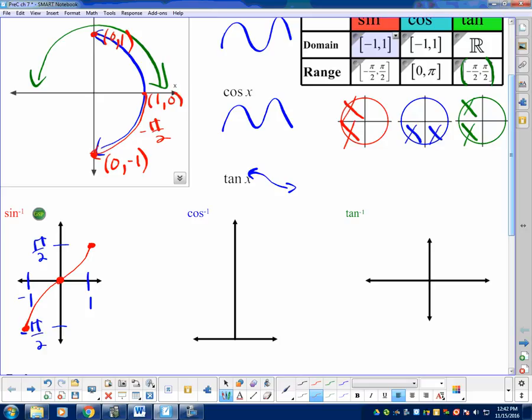Okay. Inverse cosine, we're going to switch the axes. So this is -1 here, and this is 1 here. And right here is going to be pi over 2, and up here is going to be pi. And so the angle or arc whose ratio is 1 for cosine is at what degrees?